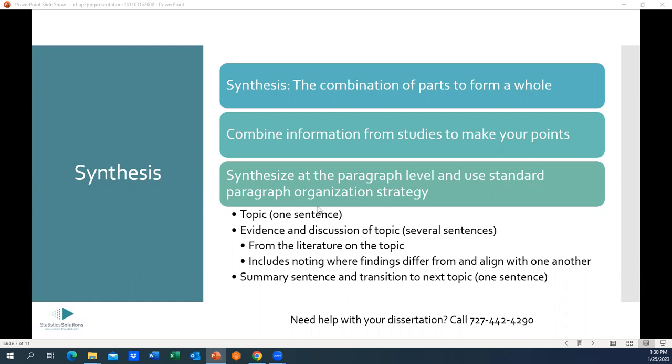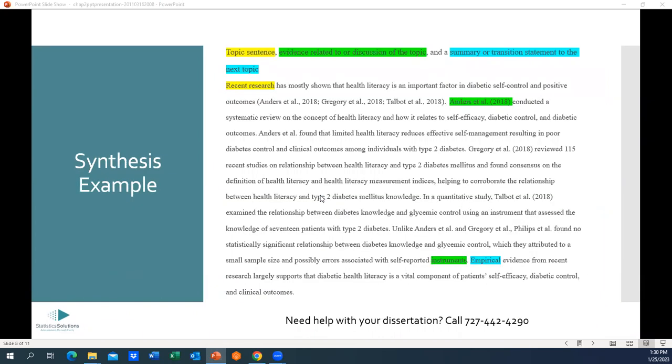And we all remember that we have to have a topic sentence for a paragraph, evidence or discussion of the topic. And in this case, it will include material from the literature on the topic. It also includes noting where findings differ from and align with one another. And then we have a summary sentence at the end. Let's look at an example. Okay.